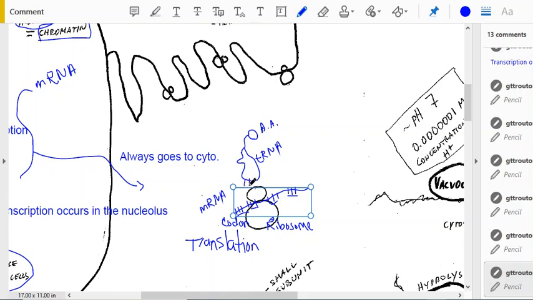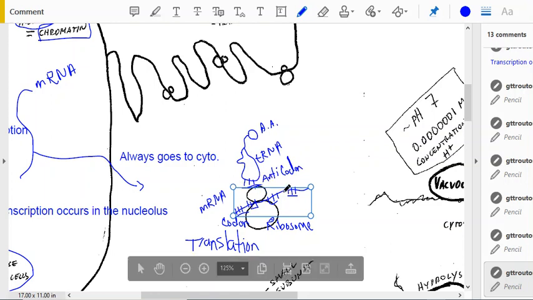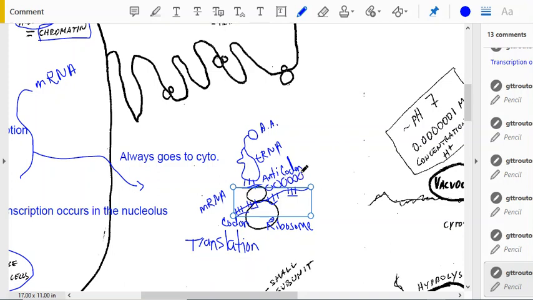It has an anticodon on it. That set of 3 bases is called the anticodon. That will match up with the codon. They are complementary. And as a result, it will drop off its amino acid. This will happen over and over again.